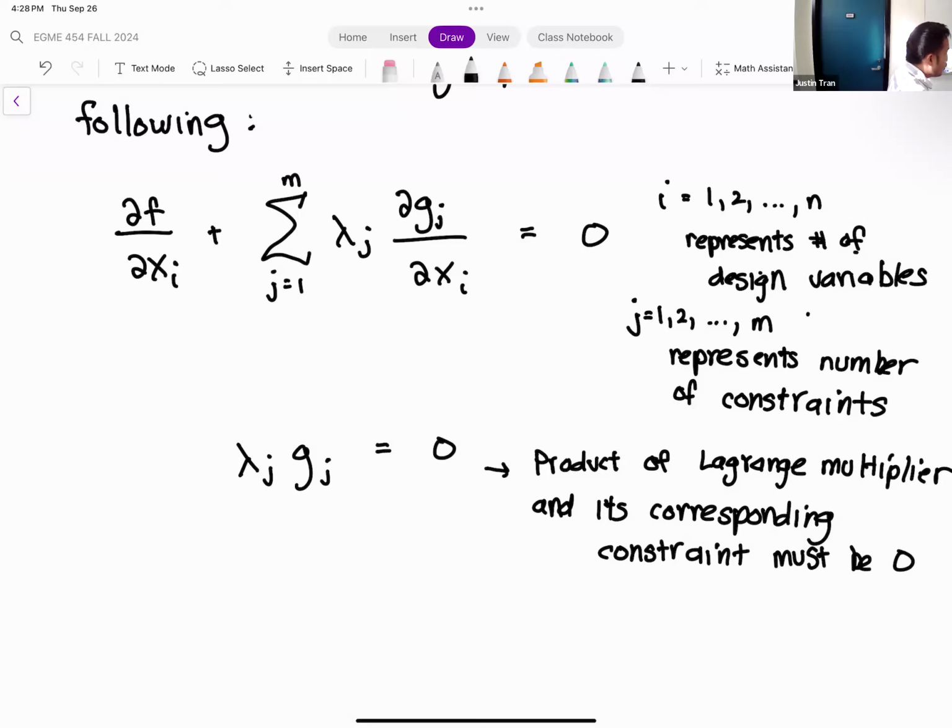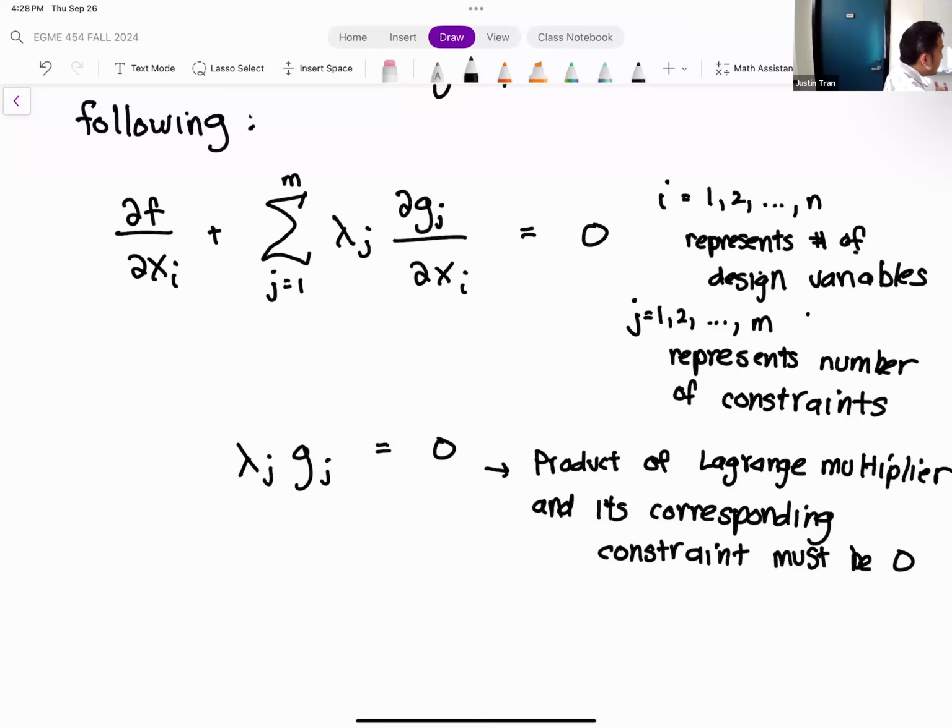And so this can happen one or two ways. We can either have the Lagrange multiplier be 0, or the G constraint can be 0 as well. Remember, when we put our constraint, we've always put 0 on one side of the equal sign, right? And so if the constraint is equal to 0, then our constraint is binding.